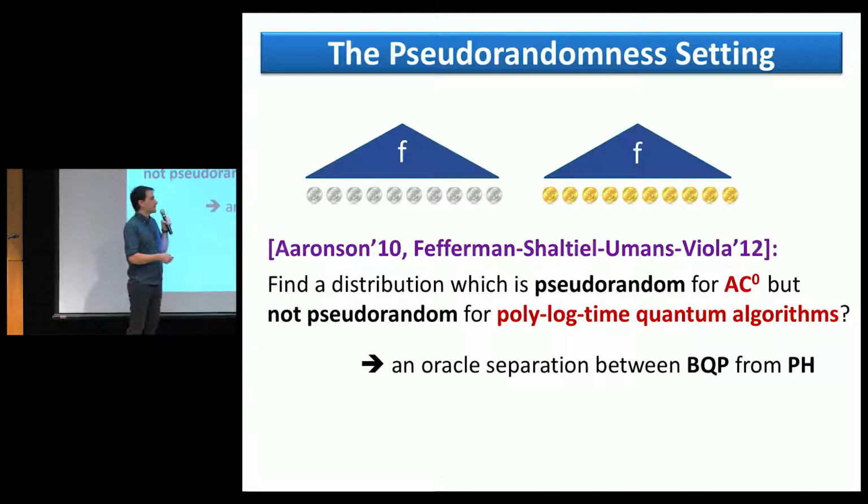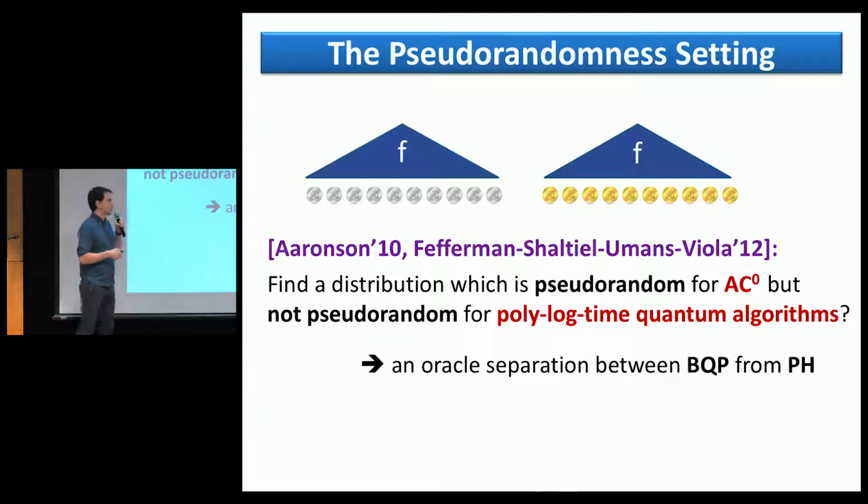These are bounded depth circuits, and we will see them more formally in a few slides, but basically circuits of constant depth or very shallow depth. On the other hand, the distribution would not look random to a super efficient quantum algorithm that runs in polylog time.